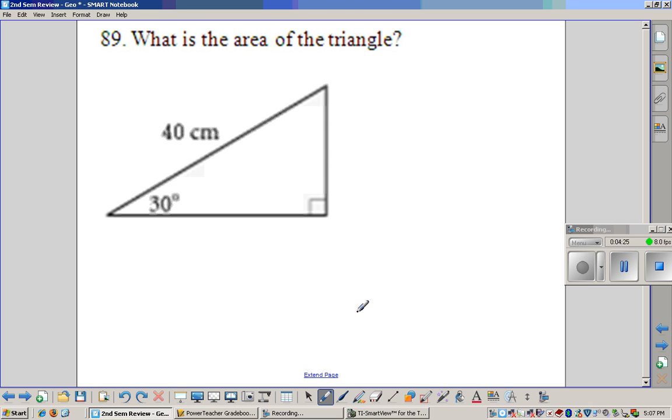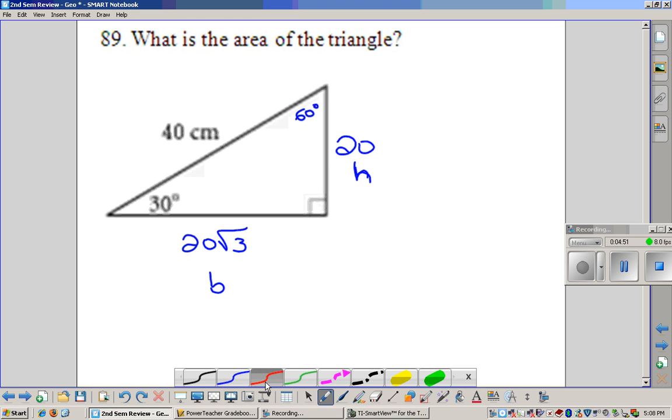So what's the area of this triangle? Using our special triangle rules of a 30, 60, 90, you know this is a 60 degree angle. From hypotenuse to shortest leg, we need to cut it in half, so this is 20. From short leg to long leg, we take the short leg and multiply by root 3. This will be our base, and this will be our height, because this is a right triangle, 90 degrees straight up in the air.